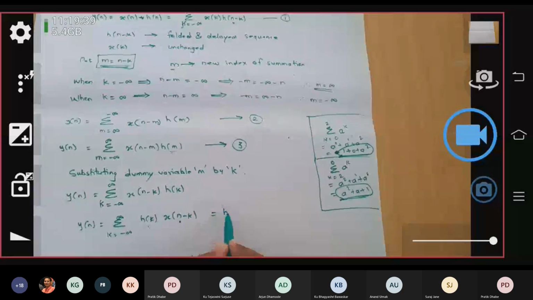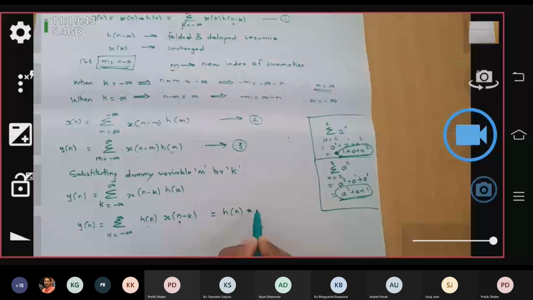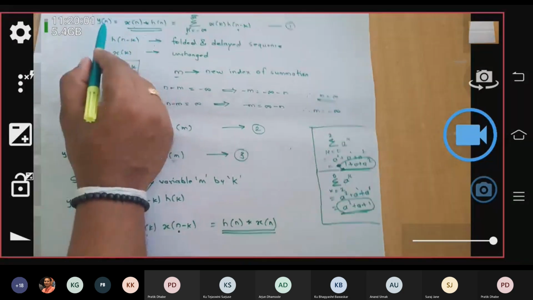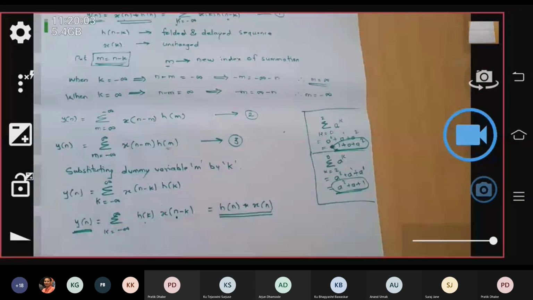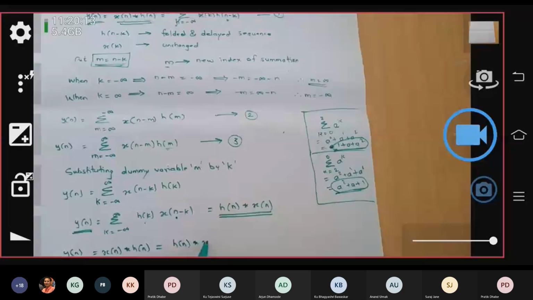So this can be written as h of n convolved with x of n. We started with x of n convolved with h of n, and we have come to the conclusion that it equals h of n convolved with x of n. Both give you y of n. So y of n equals x of n convolved with h of n, and this is the same as h of n convolved with x of n.